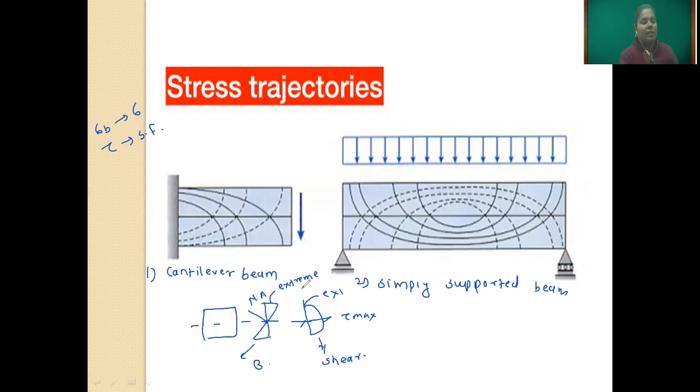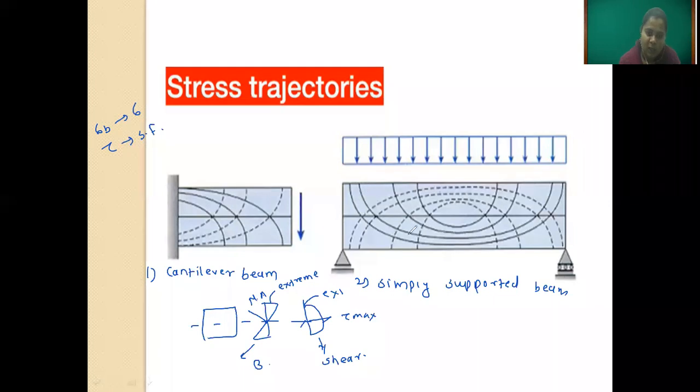So now we will see what exactly is meant by stress trajectories. By investigating stresses at many cross sections, the conclusion is that stresses at many cross sections of beams can determine how principal stresses vary throughout the beams.